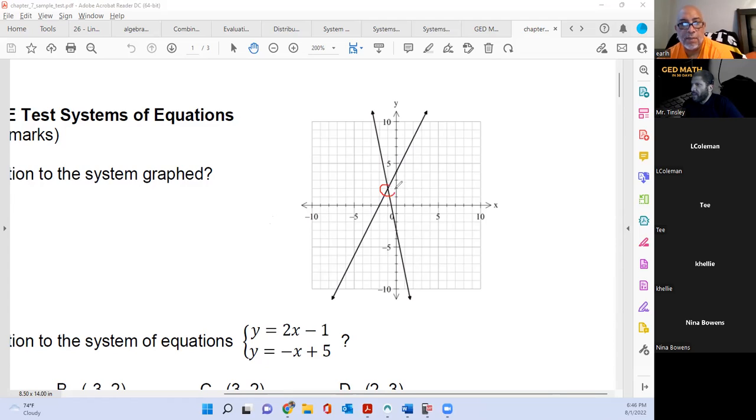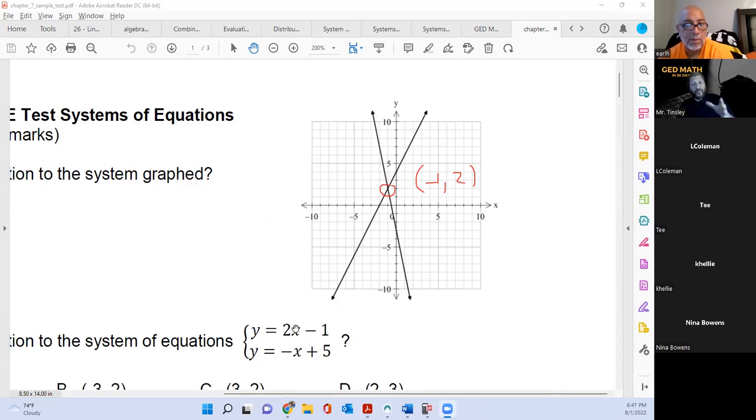So they intersect right here. What is that point? What's my X? Negative 1. And what is my Y? Looks like 2. So let's look back at our answers.